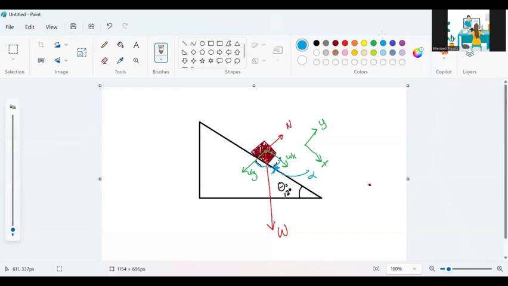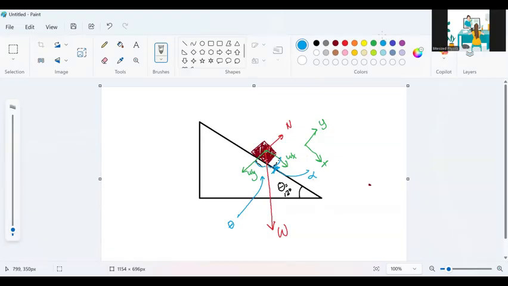And then this angle right here, from the weight to the Y component, this will be our theta. Keep that in mind. The angle from the Y component to the actual weight will always be theta, the theta that's given to us.